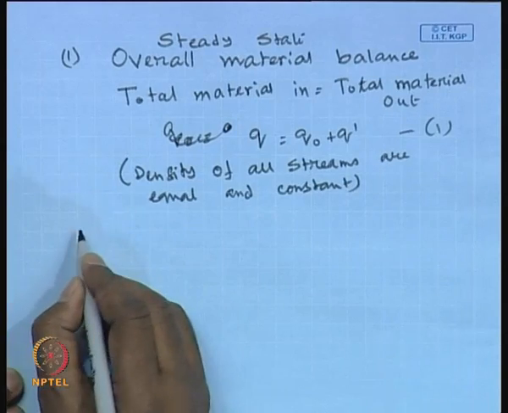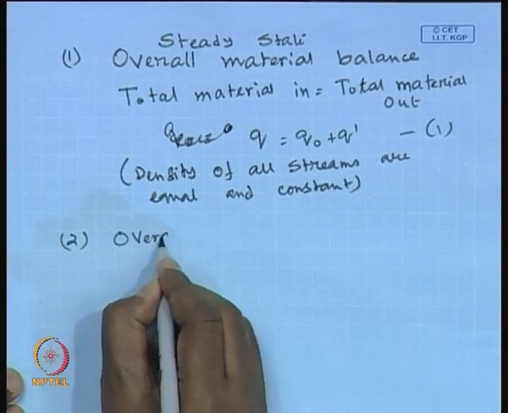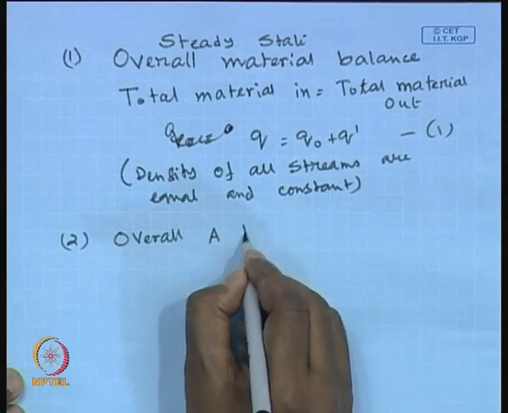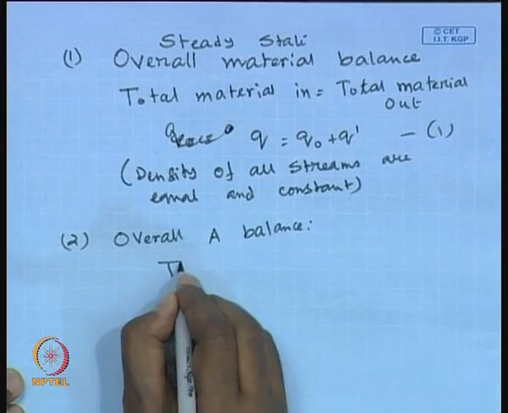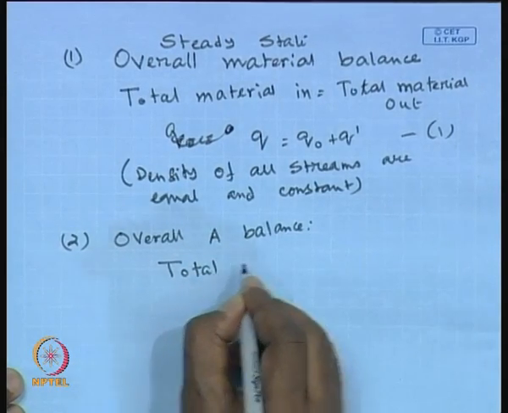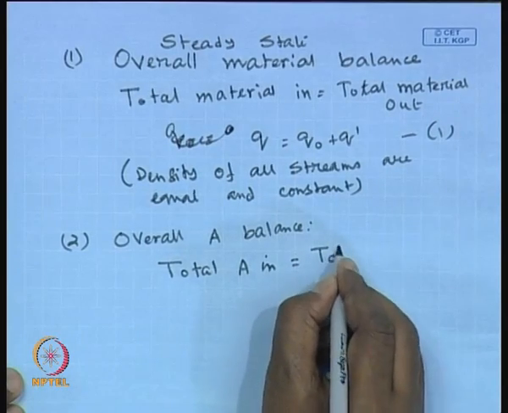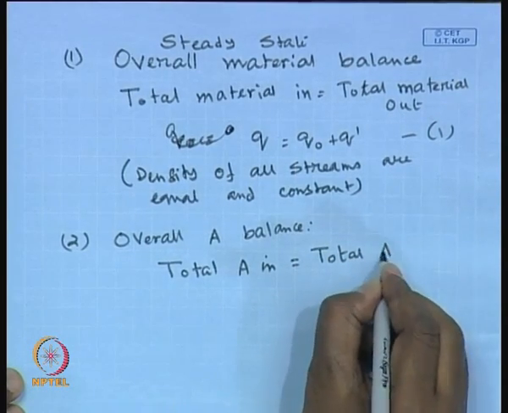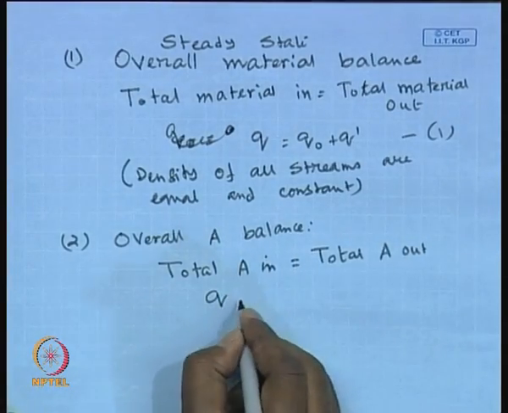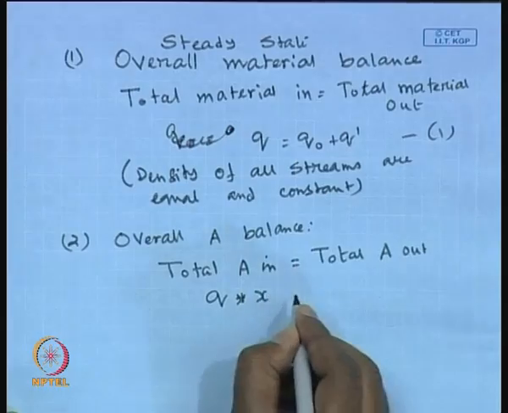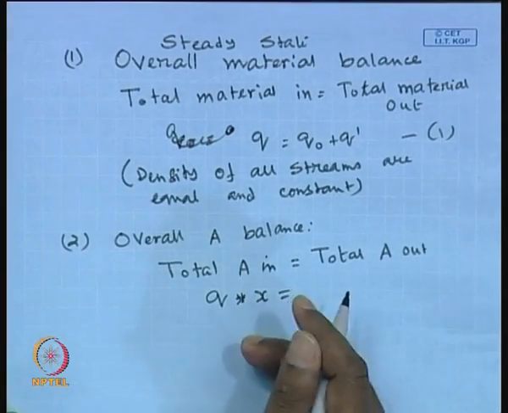Then you do the second equation, that is overall A balance. Total A in, total A out. Q is the flow rate multiplied by the mole fraction of A, that is Q times x, that is going into the system.